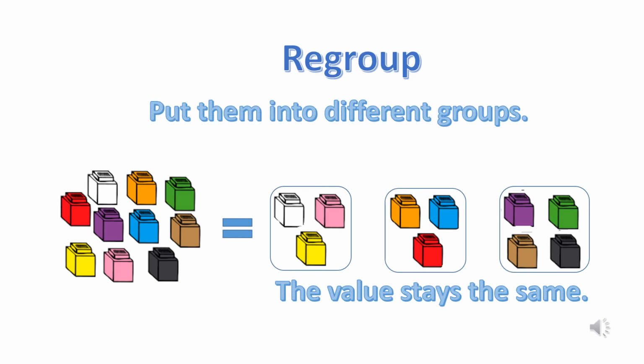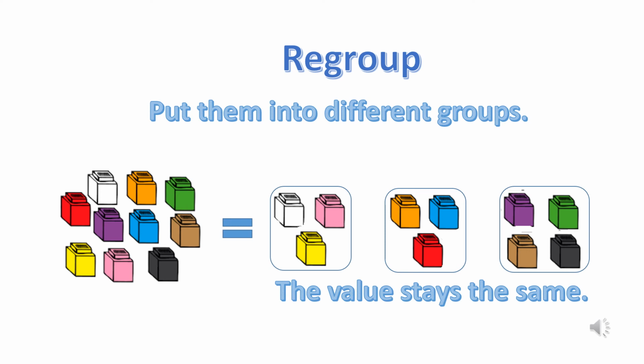So here's an example of how you might take that group of cubes and put them into 3 different groups according to their color. So the white, the pink, and the yellow would go into the light colored group. The orange, the blue, and the red would go into the medium color group.